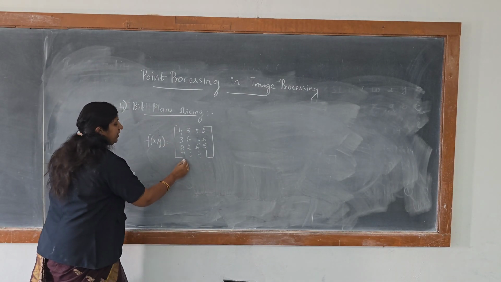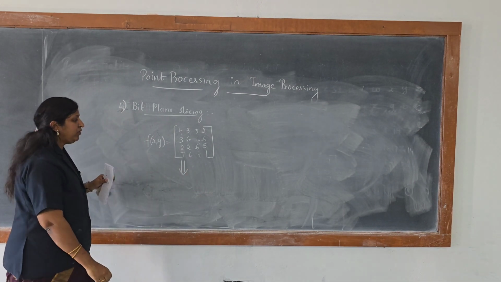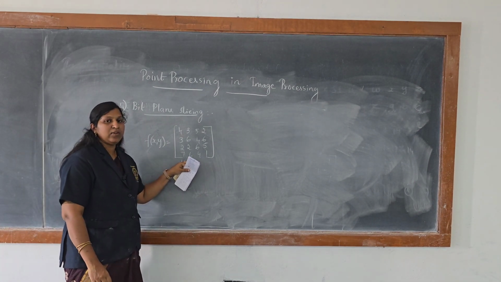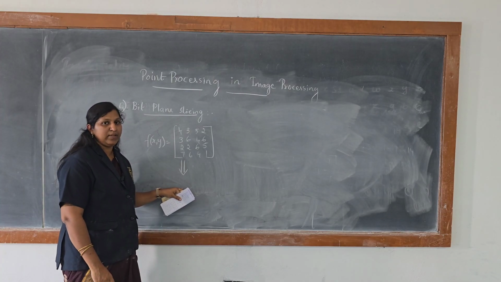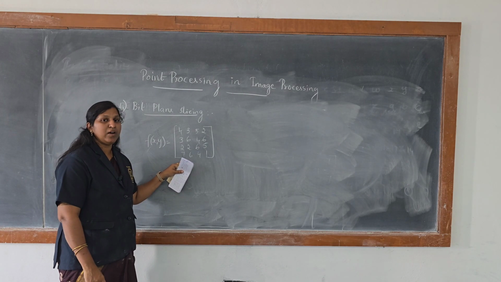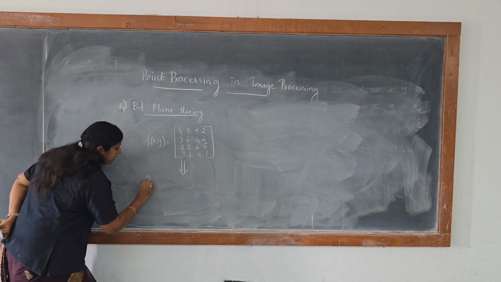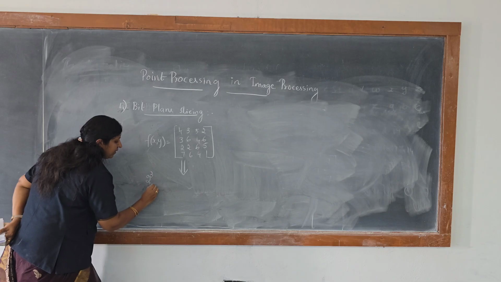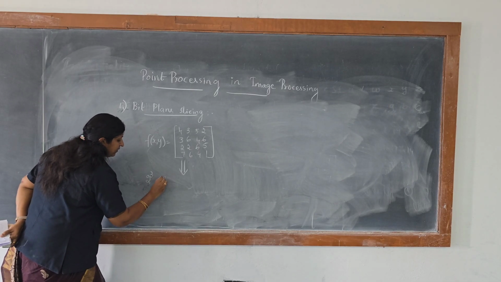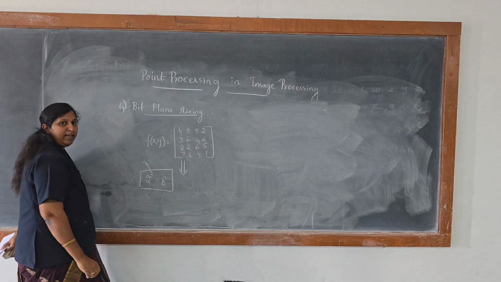To convert this digital image into binary form, first we have to calculate the number of pixels. I have already told you how to calculate the size of the image. We have taken the relation 2 power 3 equal to 8. The power value says the number of bits in the image.